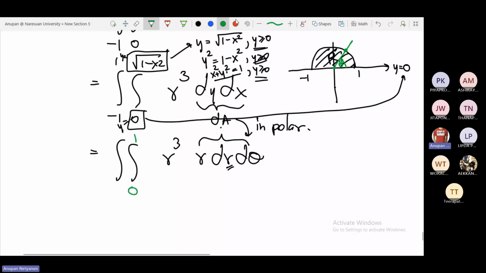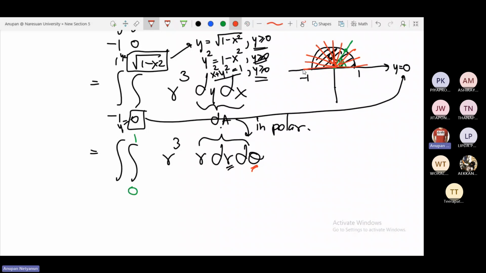And for theta, you have to ask yourself that on this region, the theta sweeps from which angle to which angle. So you can see that it starts from angle 0 and it's sweeping, right, until the angle of pi.